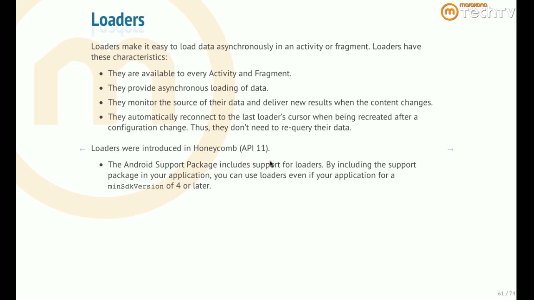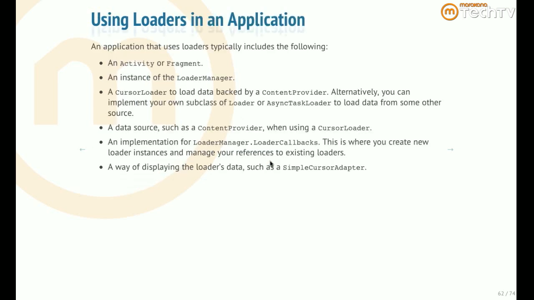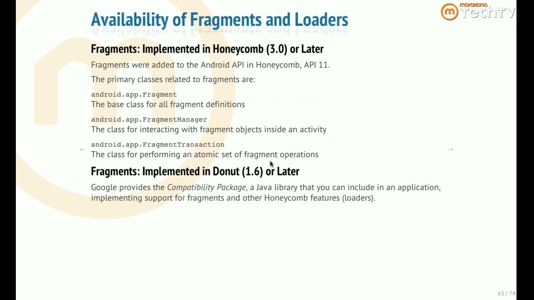One thing that I wanted to mention is the availability of all these components. Like I keep mentioning all these new things like activities, fragments, loaders, and a couple of things like that, which are only available from Ice Cream Sandwich.